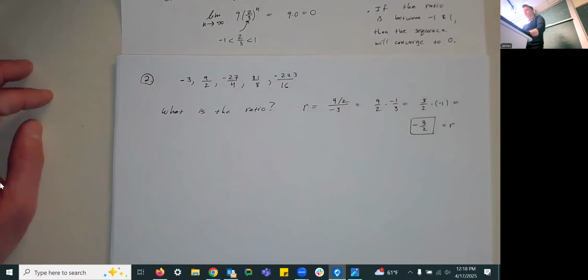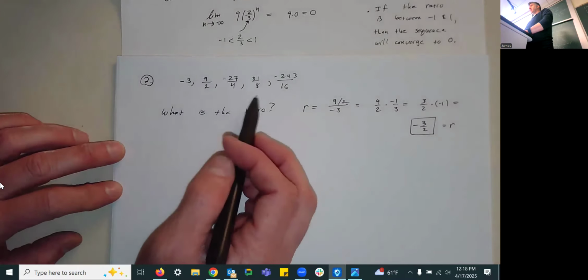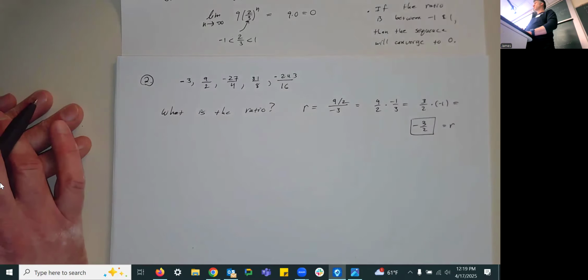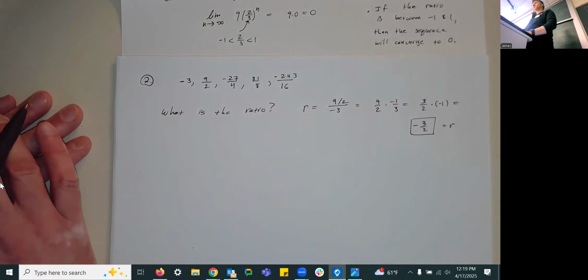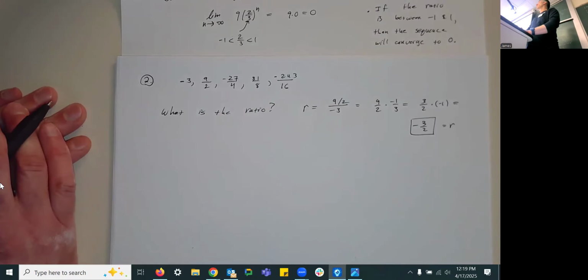So here's kind of a funky question. As we continue on in this sequence, do our terms get larger or smaller? Well, let me rephrase that. Do our terms get closer to 0, smaller, or further away from 0, larger?